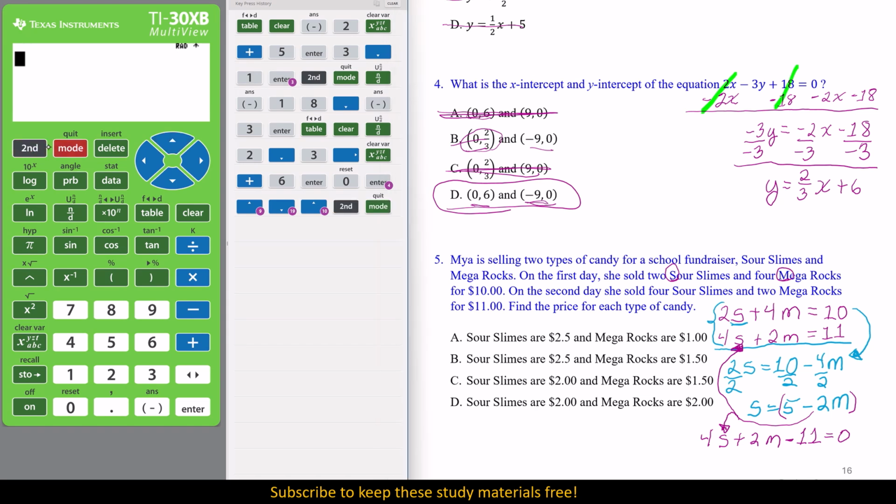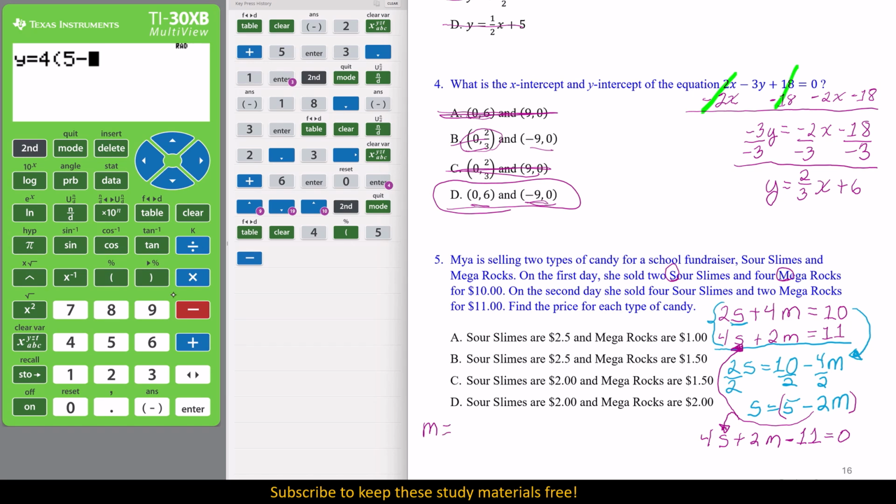Okay, so second mode. All right, we're going back to table, okay? Clear this all out, and I need 4 parentheses, 5 minus, now keep in mind that M has to be, I'm going to write it over here, note to self. M equals X, okay? And S is going to be my Y. I can choose it either way. This is the way I'm going to choose it to go on my calculator, okay?